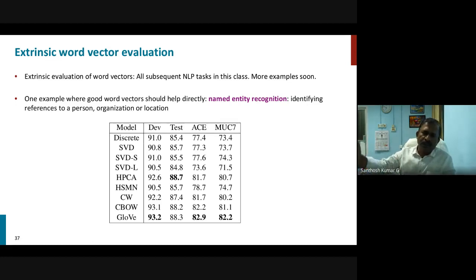And QSAT is located at Kalmashiri, right? So Santosh is a person, QSAT is an organization, Kalmashiri is a location, right? So that is basically NER, named entity recognition. The entire task is being evaluated. So these are some of the results. You can see for most of the data sets, GloVe works better.